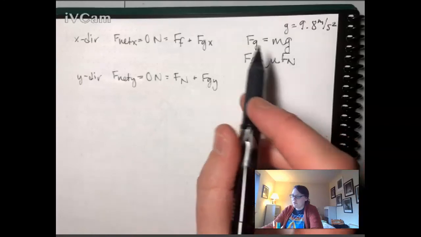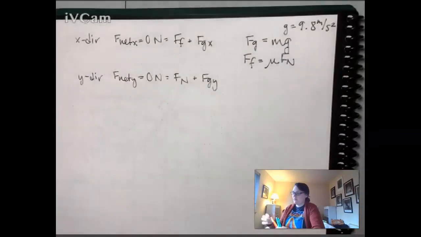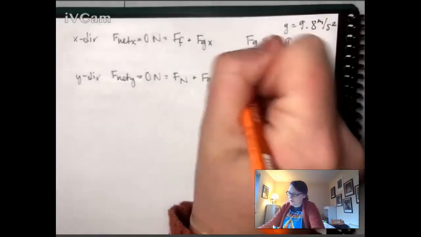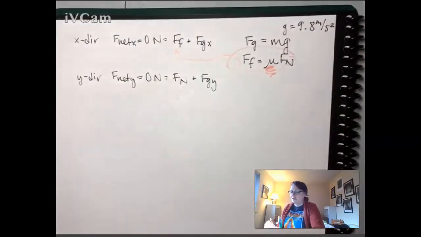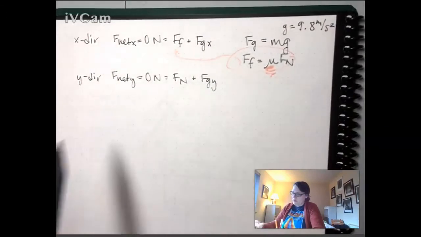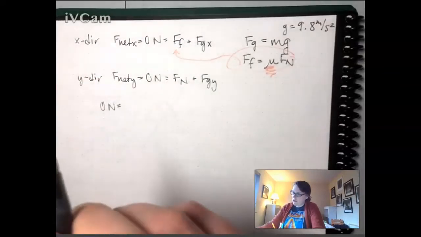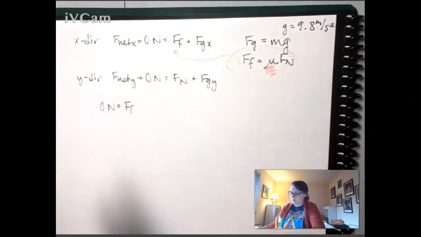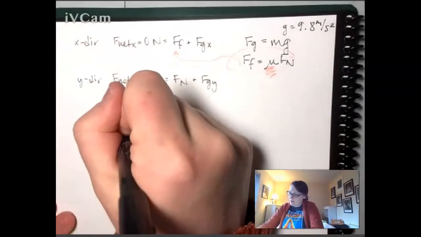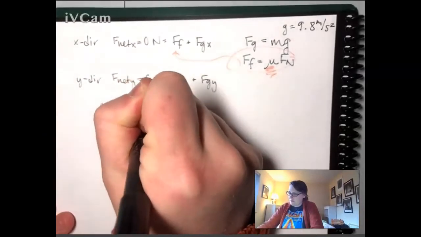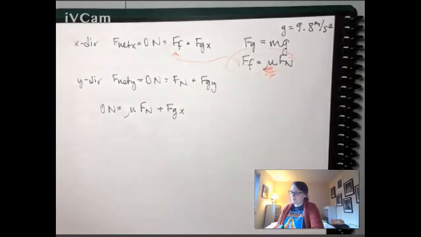So I'm going to go ahead and substitute in this equation. Since I'm looking for the coefficient of friction, this is ultimately what I want to find. I'm going to substitute this equation in right here. So I've got that 0, my net force in the x direction, is equal to the force of friction. Oh, sorry. I just said I was going to substitute this in. I just went ahead and rewrote it. It's equal to the coefficient of friction times the normal force plus the force of gravity in the x direction.